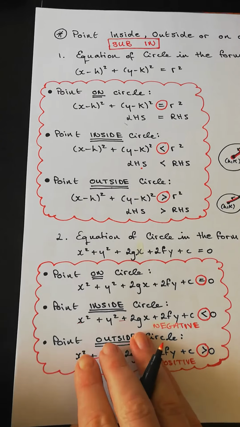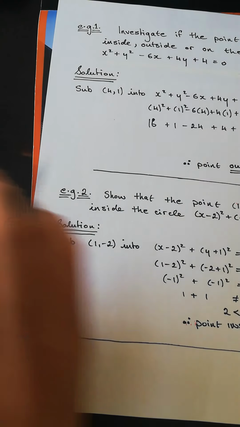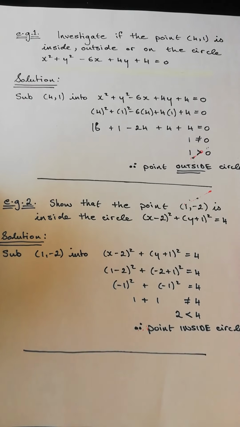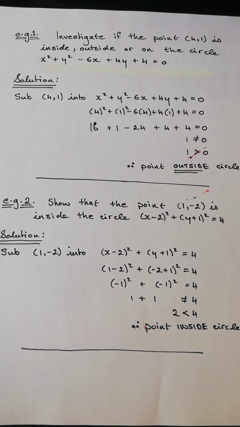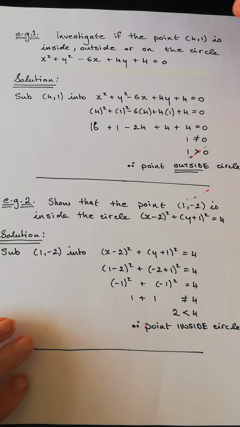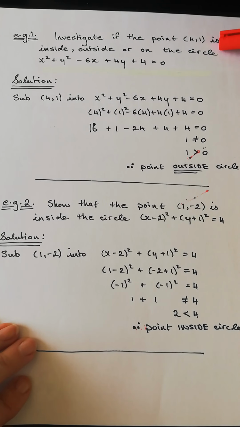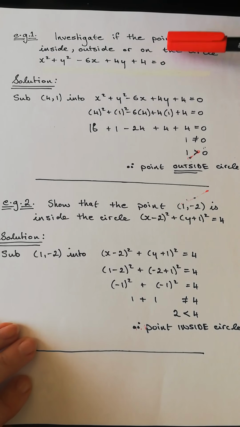Okay, and here I have made earlier a little example of each. I'll upload these notes for my students. Example 1: investigate if the point (4, 1) is inside, outside or on the circle x squared plus y squared minus 6x plus 4y plus 4 equals 0.